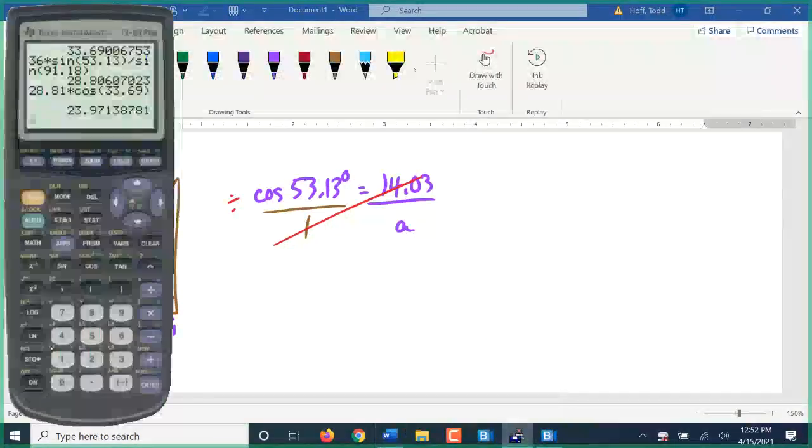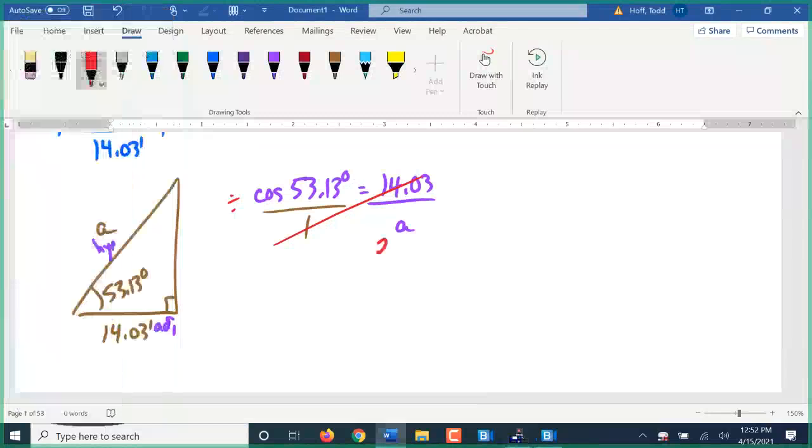So 1 times 14.03 is simply 14.03, divided by the cosine of 53.13 degrees, giving me 23.38 for side A. A is 23.38 feet.